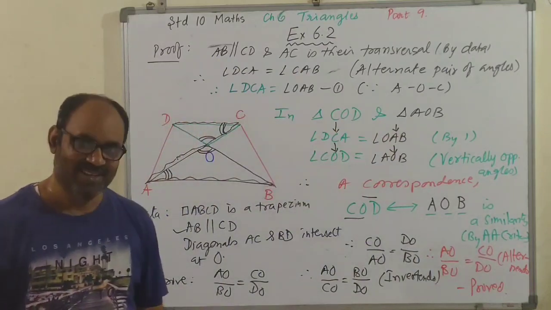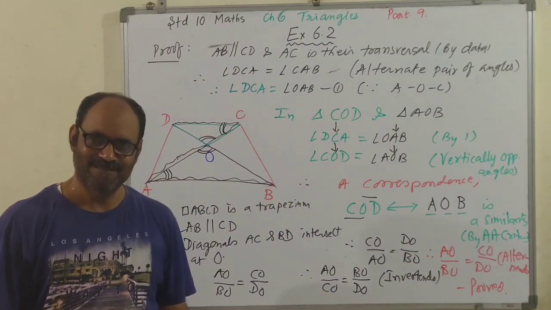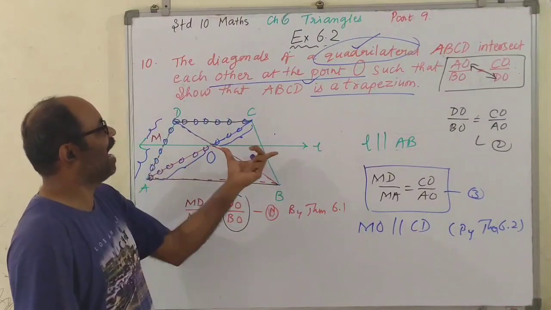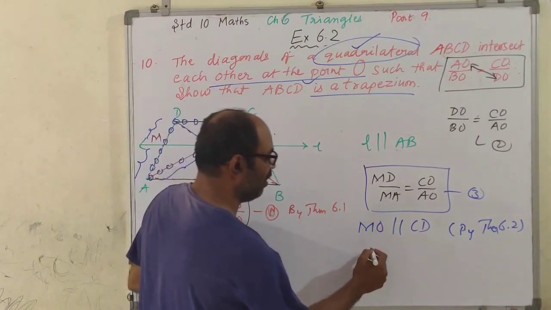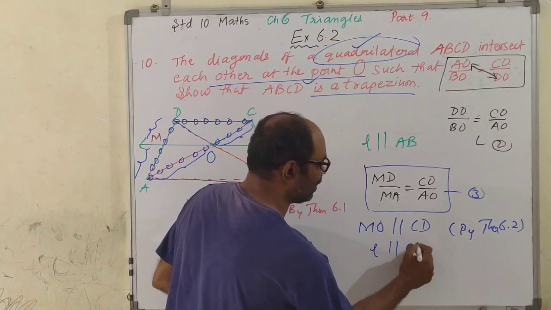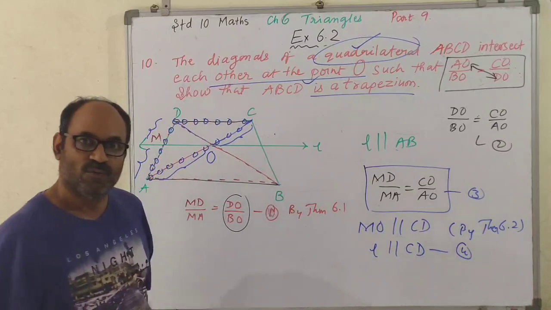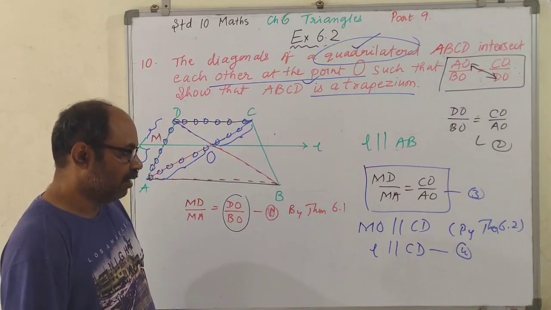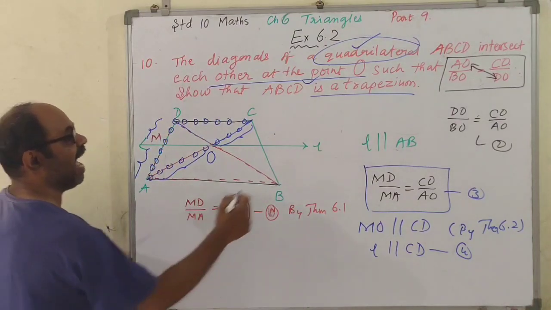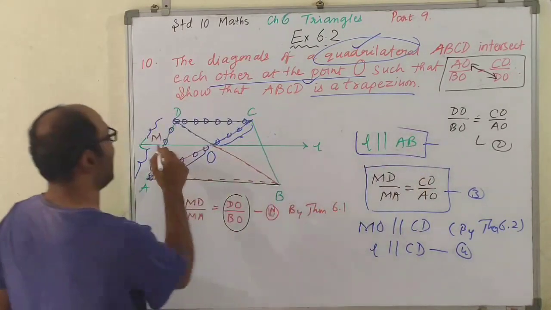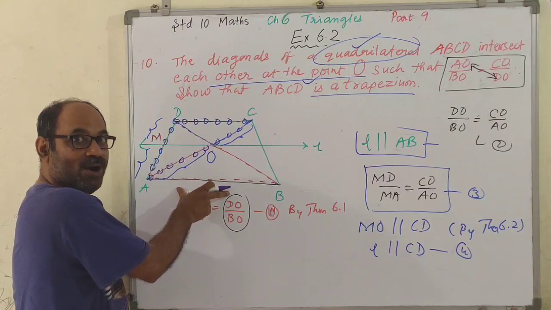Got it? Look at MO. MO is line L, so instead of MO you can say L. L is parallel to CD. Let's call this result 4. Okay, now you know L is already parallel to AB. This line L taken is parallel to AB.